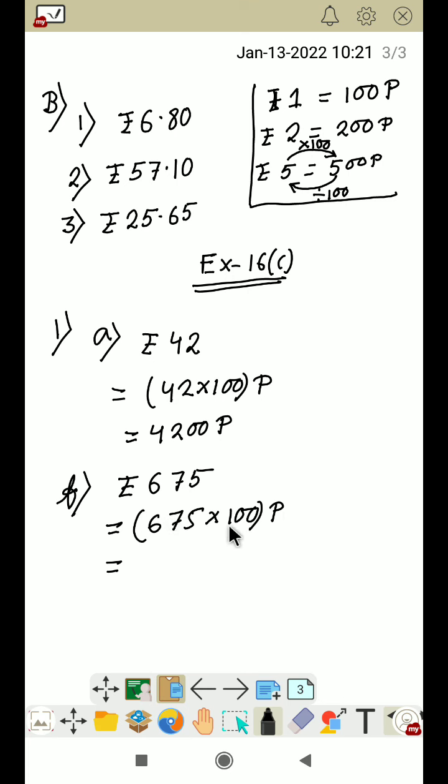Whenever this type of multiplication is given, you only multiply 675 and 1, so you get 675, and then just put the two zeros. You'll get the answer. Okay. Now this way you can solve the question number 1 problems also. So thank you everyone.